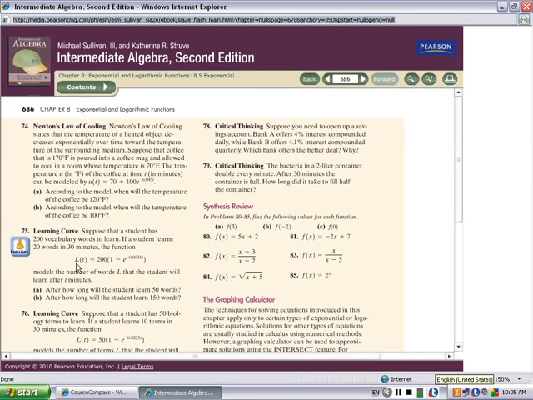Let me write it down. The model is: the learning words at time t, L of t, equals 200 times (1 minus e to the power negative 0.0035t).